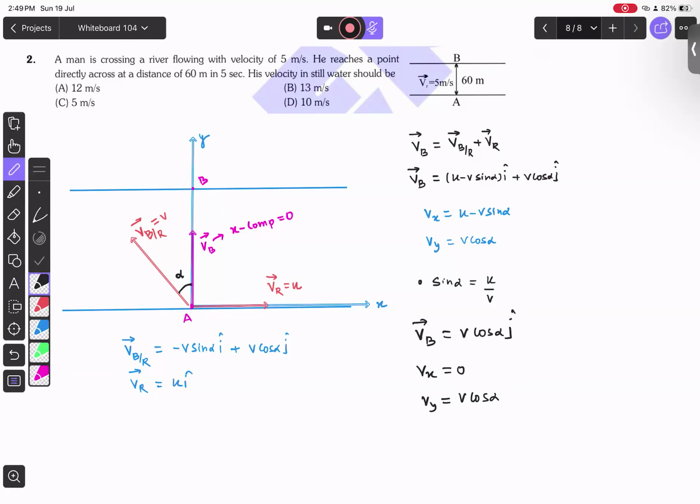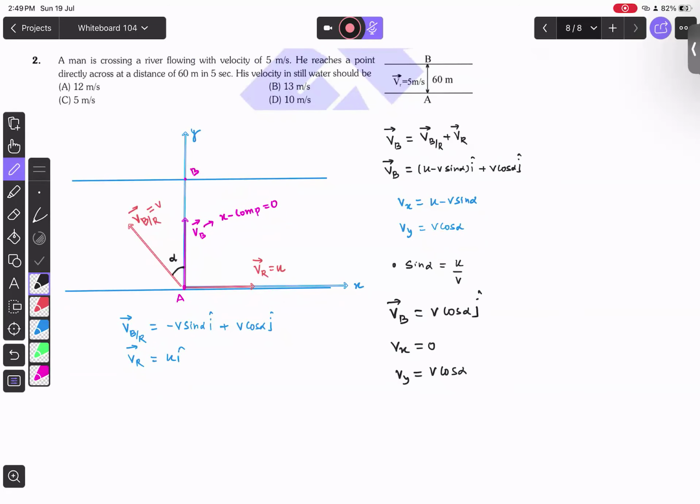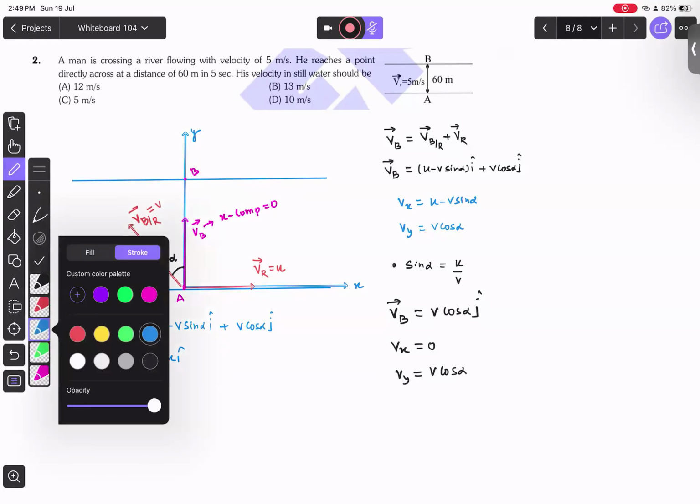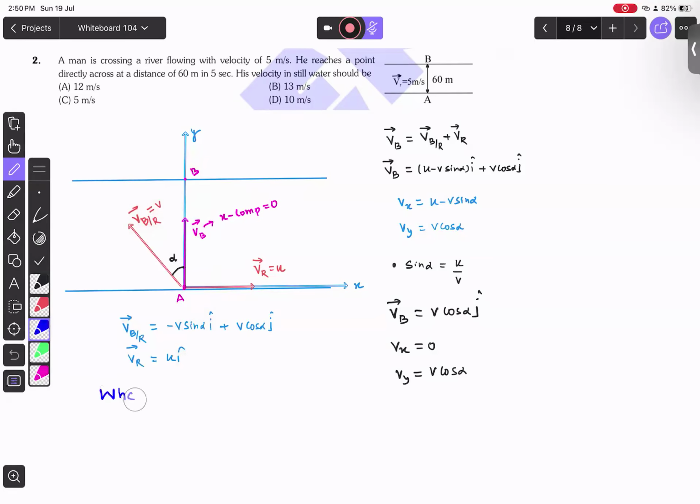So when the river is crossed, how much displacement will we see along the direction y? When the river is crossed, displacement along y will be equal to the river's width.